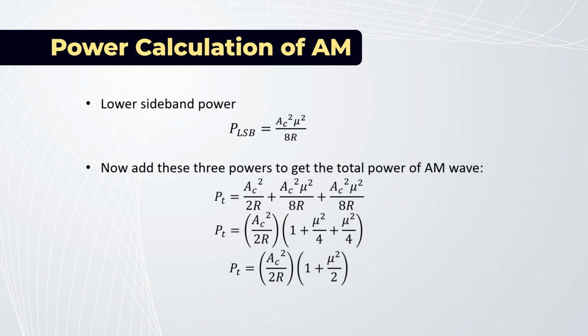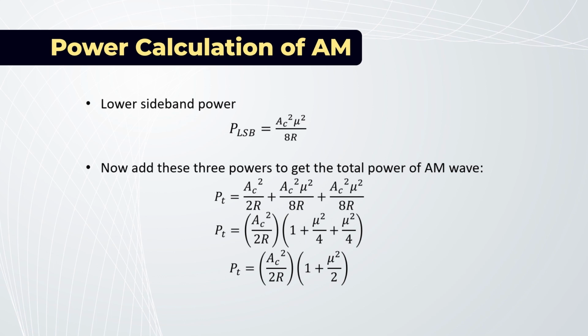Now, add these three powers to get the total power. Therefore, the total power is equal to Ac²/2R plus Ac²μ²/8R plus Ac²μ²/8R.